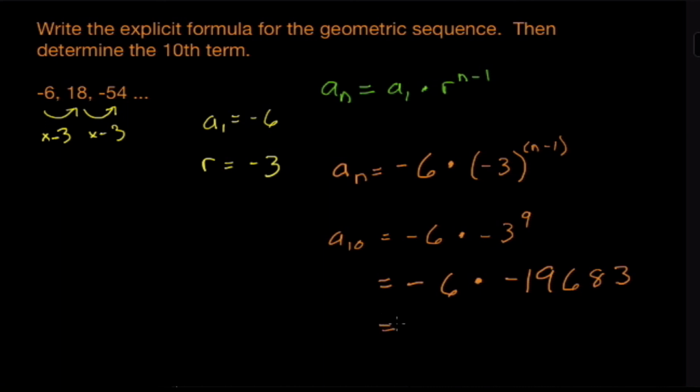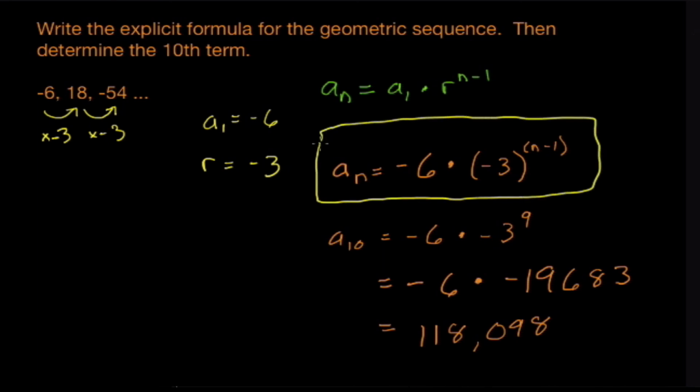And now when we multiply that by -6, we get a positive number, 118,098. So we've answered our question. Here's the explicit formula for the sequence. And here is our 10th term.